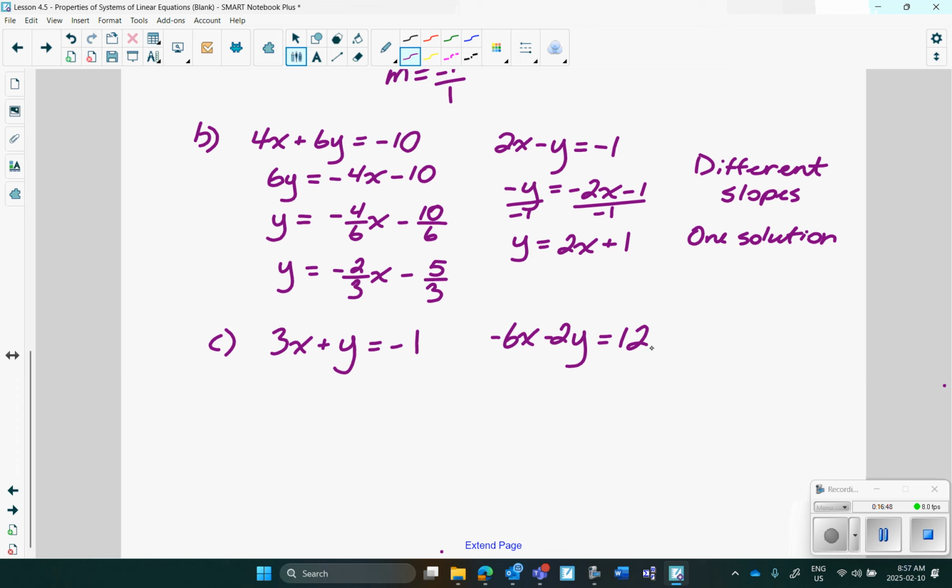So the first one, I pull the 3x over and it becomes y equals negative 3x minus 1. For the second one, I pull the negative 6x over, so it becomes positive 6x plus 12 on the right-hand side. Divide everything by negative 2, and I get y equals negative 3x minus 6.